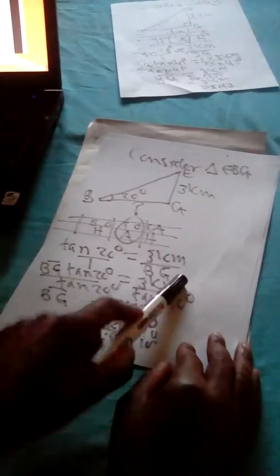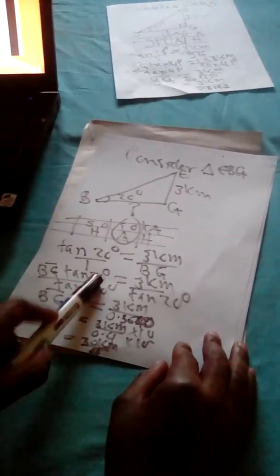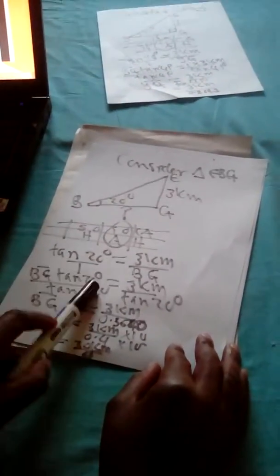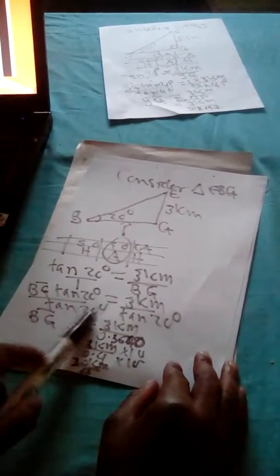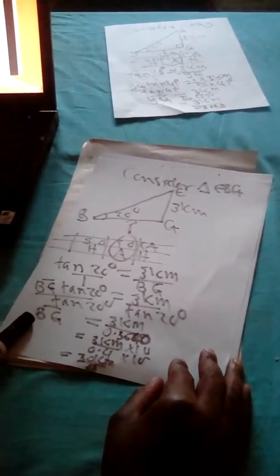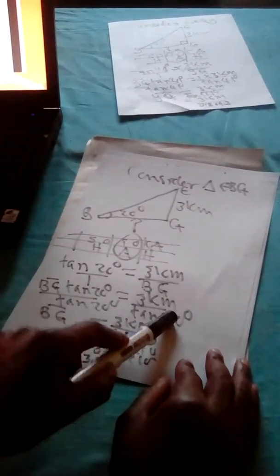In order to find this length BG, you should cross multiply. You'll have BG times tangent of 20 equals 3 kilometers. Because you want to remain with BG, you should now divide by tangent of 20 on both sides, so that you remain with BG on the left hand side. So in this case, you will have BG equals 3 kilometers over tangent of 20.